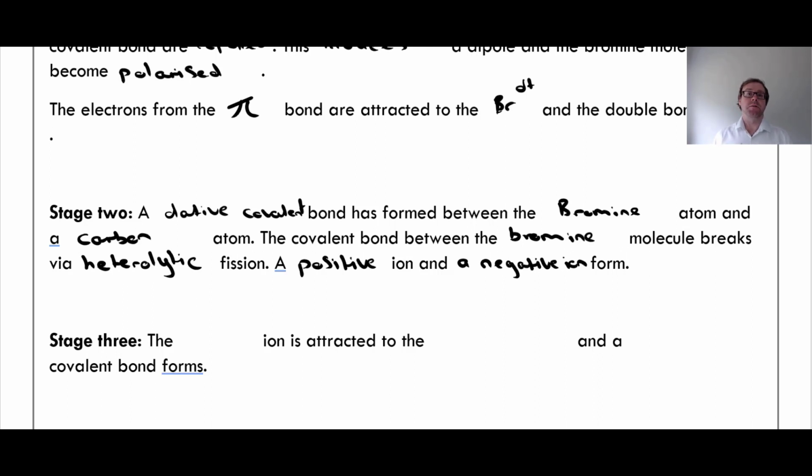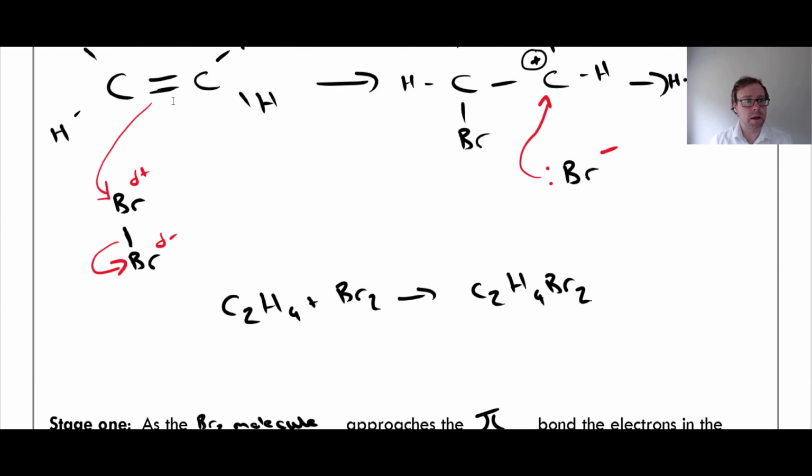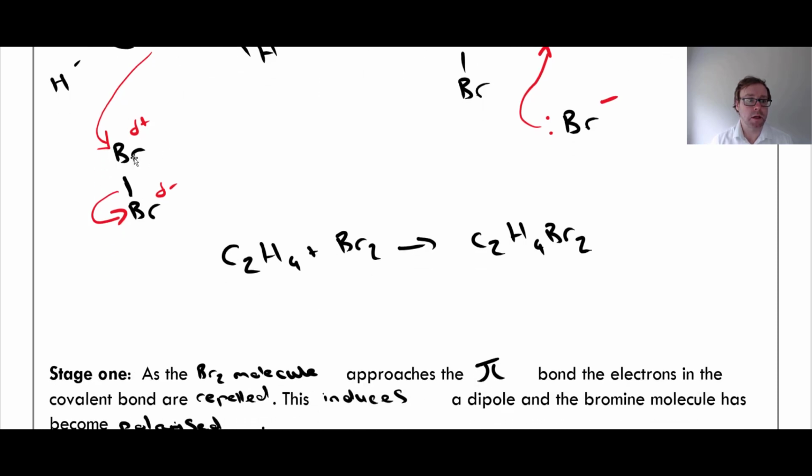Dative covalent bond. A dative covalent bond is when both electrons come from the same atom to form a covalent bond. Okay, so this must be my dative covalent bond here, because both of my electrons are coming from the double bond to form a covalent bond with this bromine atom.